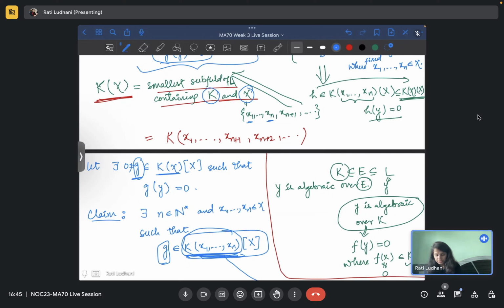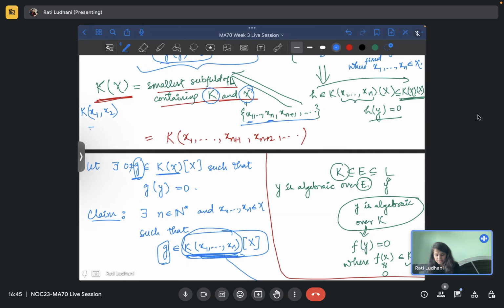It will be like something x1 square plus x1 plus something x2 square, or anything of this kind, plus, let's say, a coefficient from k. Let me write a smaller one so that it will be easier to understand, because here we have too many elements.